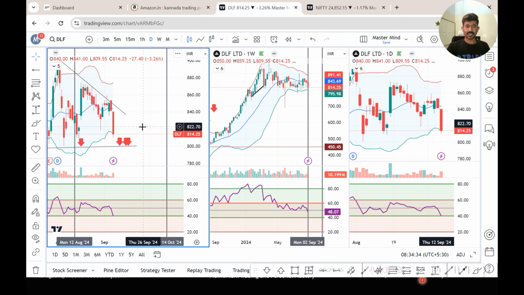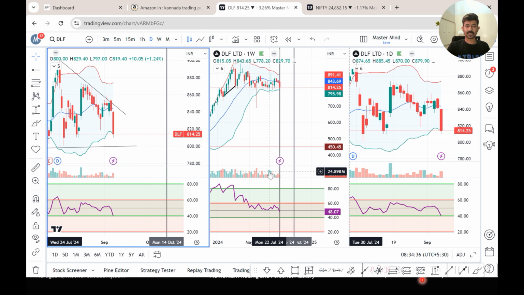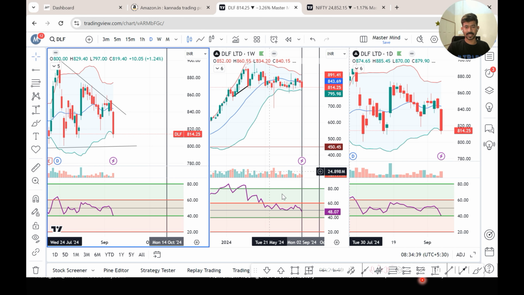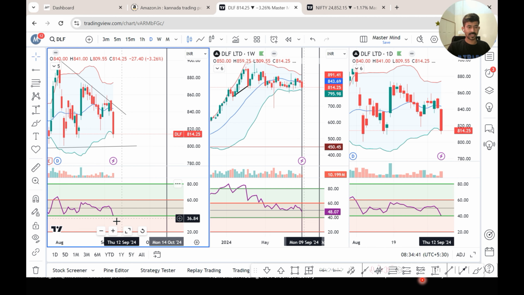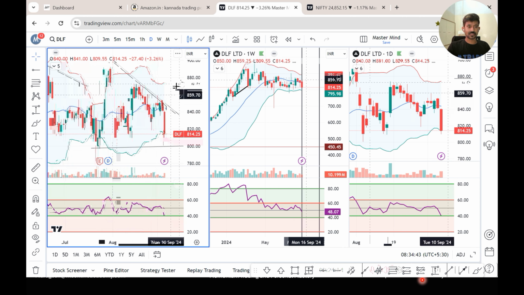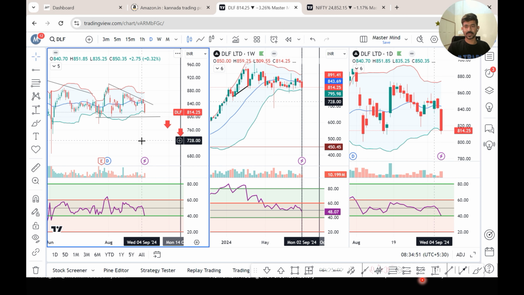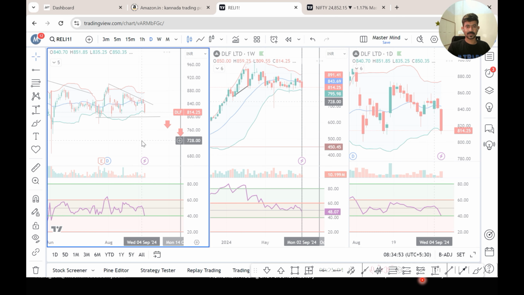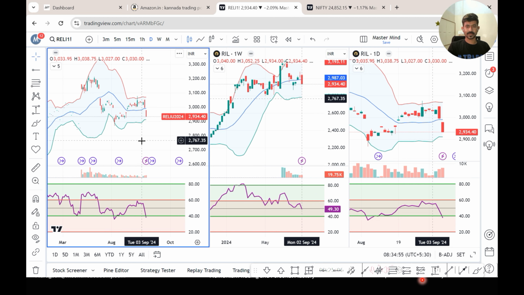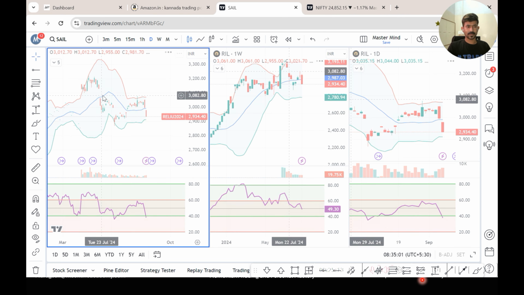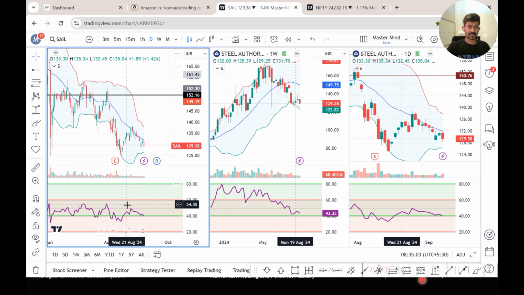DLF, this stock from the bearish side was actually rejected from 60. It could reject from this area also. So DLF is definitely for the shorting side, but wait for the opportunity. Is it the Reliance Future? Yes, Reliance Future. Look at this, it's at 60 support.